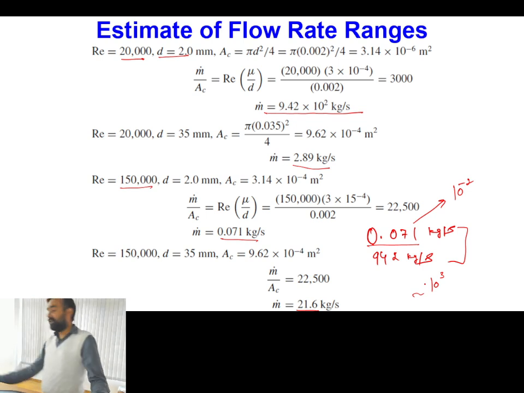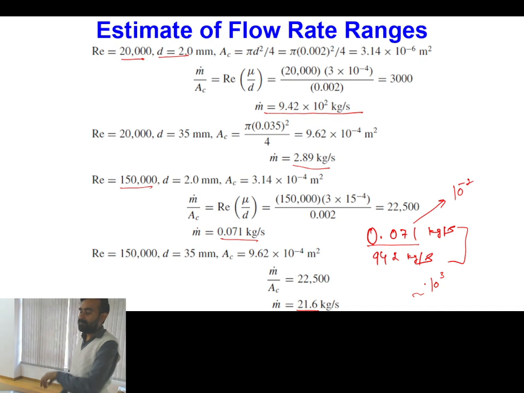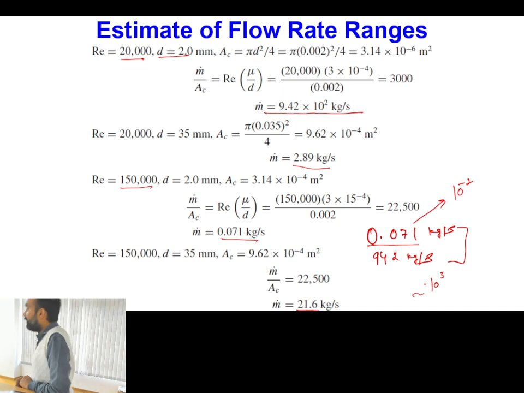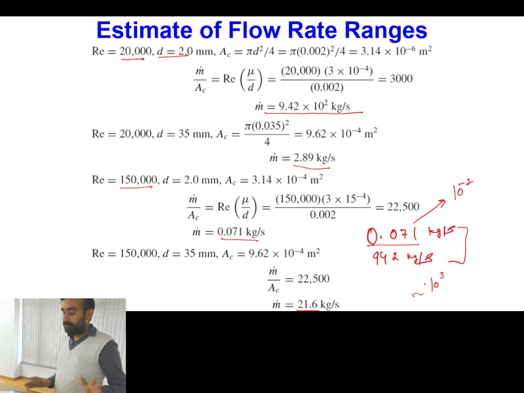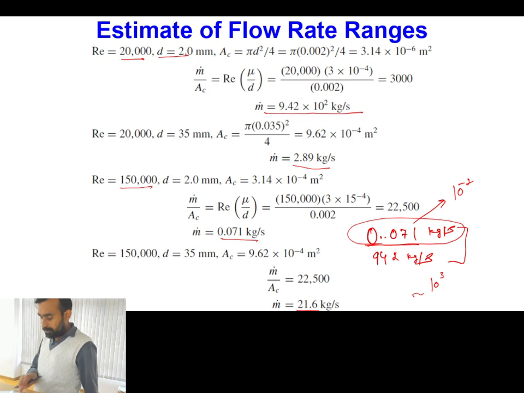Okay, so it means that if I have to do testing with all the pipes of 2 mm and 35 mm diameter as well, then I will not be able to perform this with the help of a single flow meter. At least 2 flow meters I require, one which is having good precision for smaller flow rate measurement, and one which can operate at the high range of flow rates.